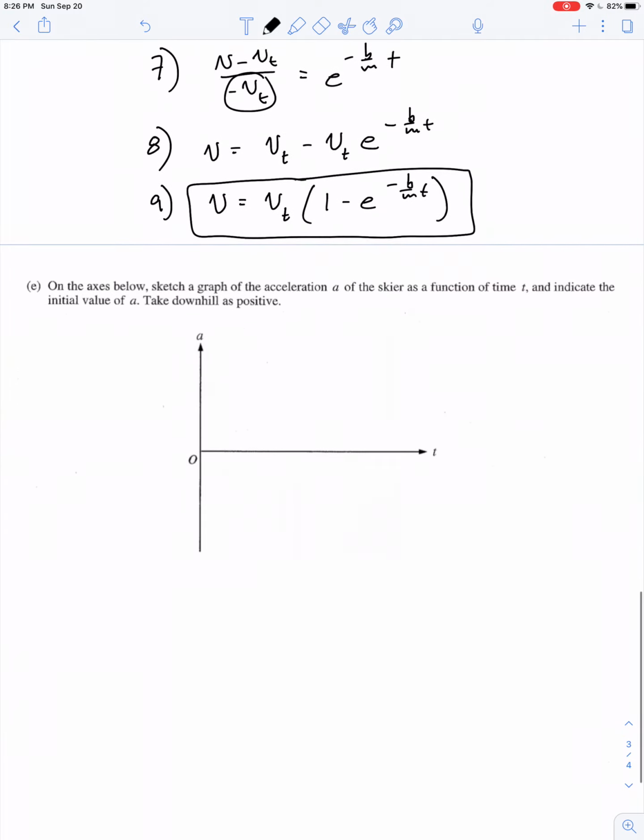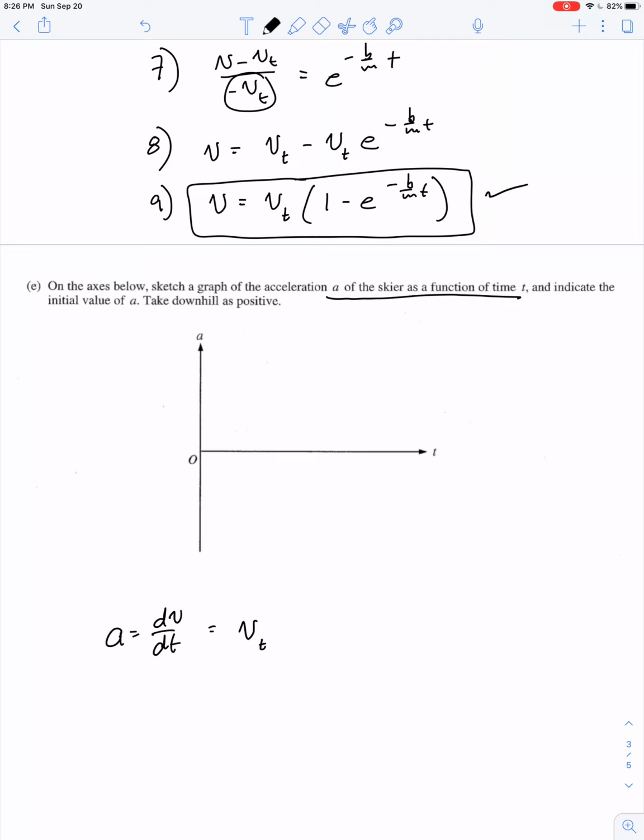So the last question is sketch a graph of acceleration as a function of time. So we've got the equation for velocity as a function of time. To get acceleration, well, acceleration is dv dt, so we need to take the derivative of this expression. Okay, so what will that give us?